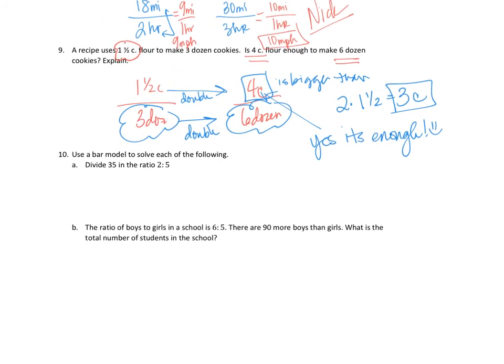All right, number 10 wants us to use what they call a bar model to solve each of the following proportions. So a bar model has us write the ratio. So we have 2 to 5 in a rectangular form. So I'm going to take this and have 2 pieces to the other 5.